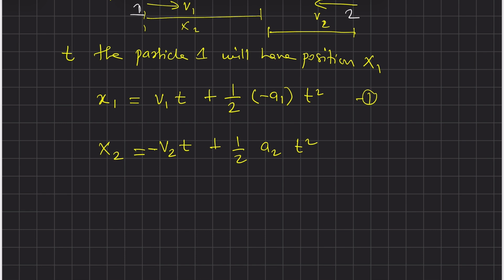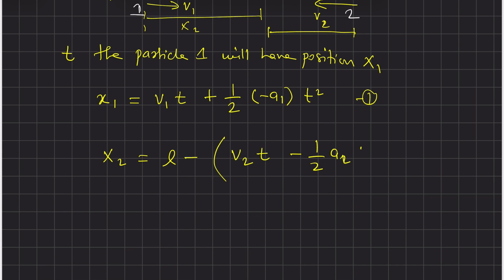Plus half a2 into t square. Directions, I'm taking opposite. Here I have to write the position of this particle from the origin. So x2 will be L minus v2 into t minus half a2 into t square, guys.